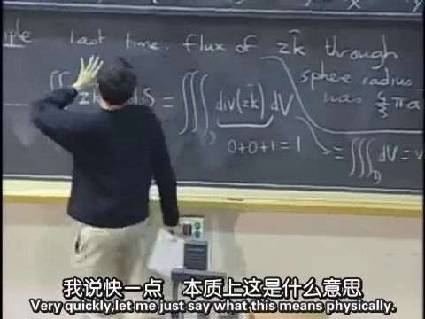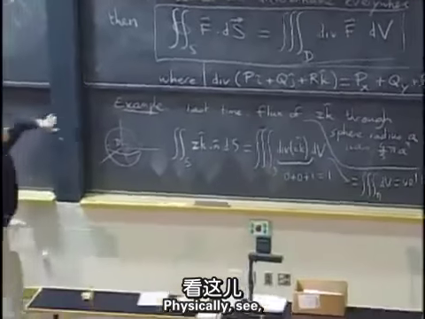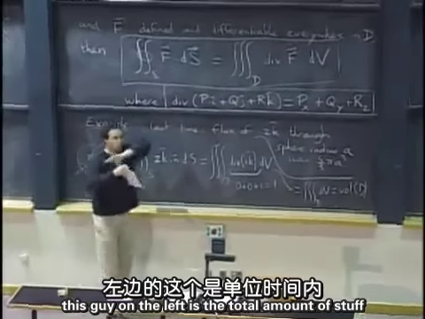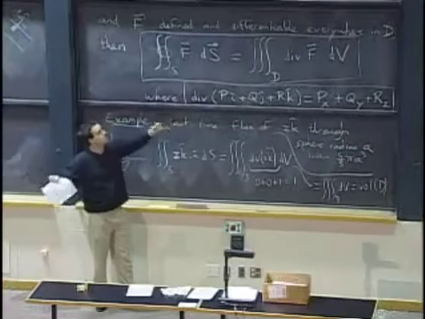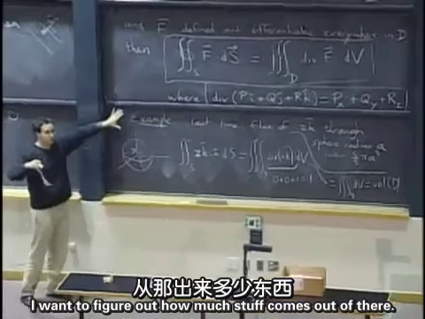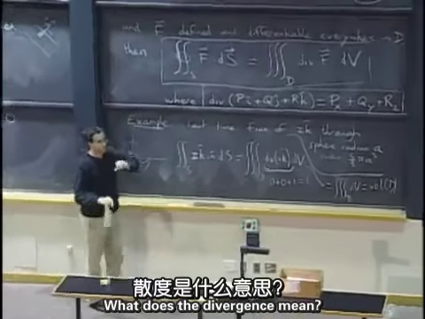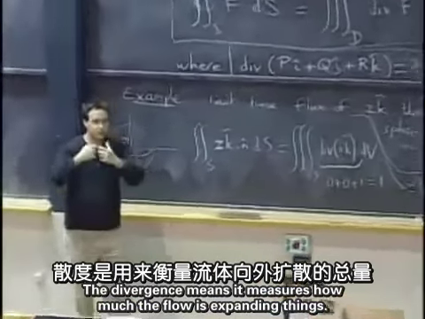So very quickly, let me just say what this means physically. The left side is the total amount of stuff that goes out of the region per unit time. So I want to figure out how much stuff comes out of there. What does the divergence mean? It measures how much the flow is expanding things.